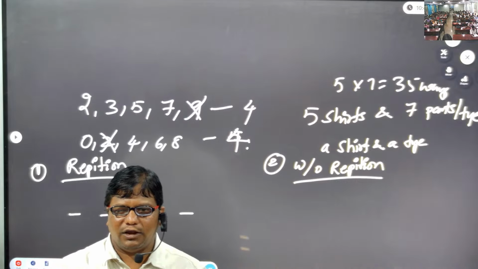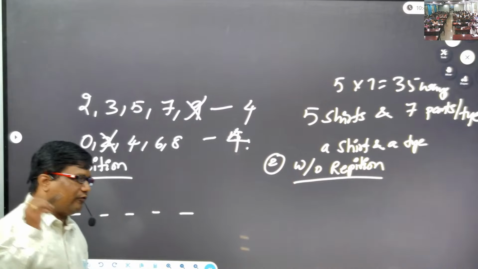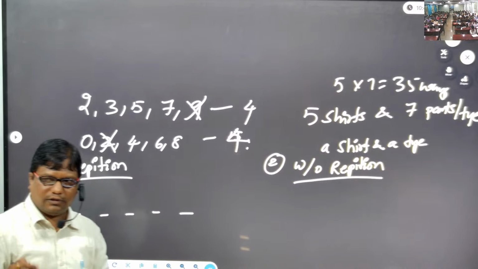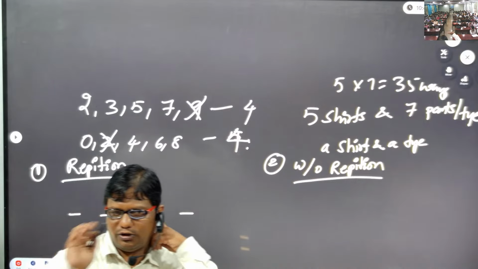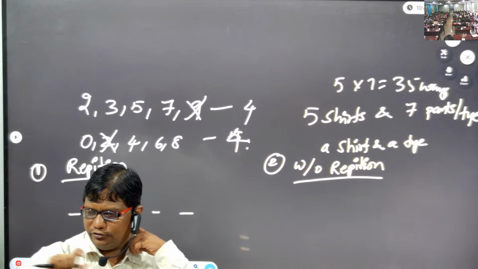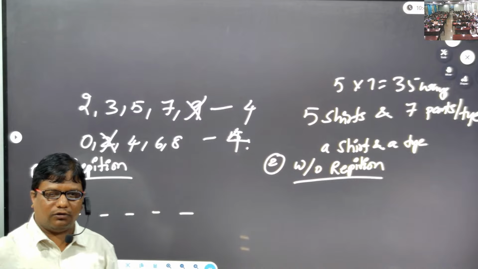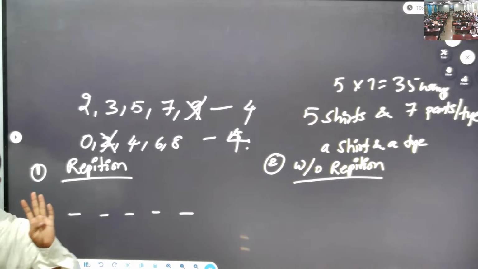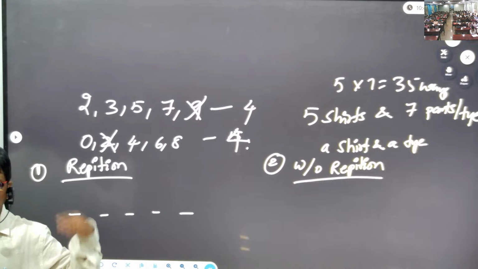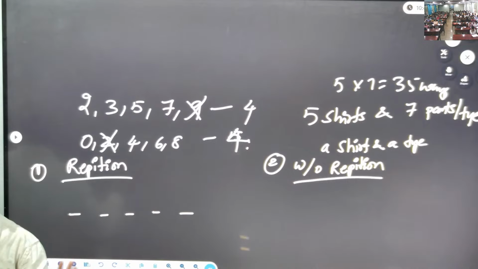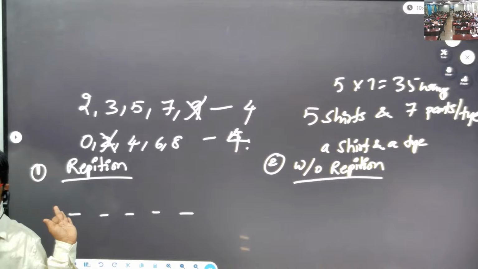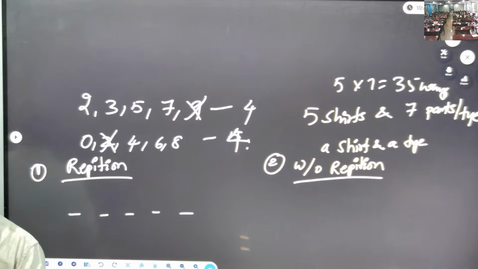Completely 26 alphabets. When repetitions are allowed, in our first example of a 4-digit number, we multiplied 4 into 4 into 4 into 4, 4 times. So here, how many times will we get 26?